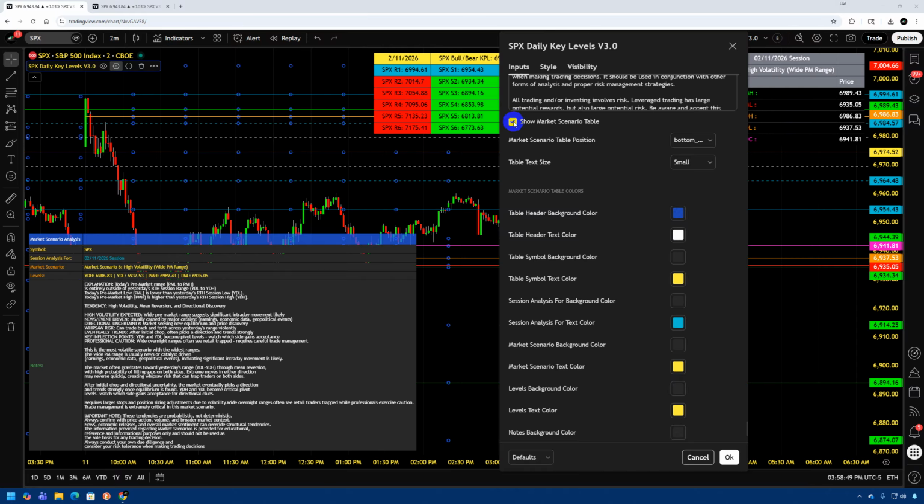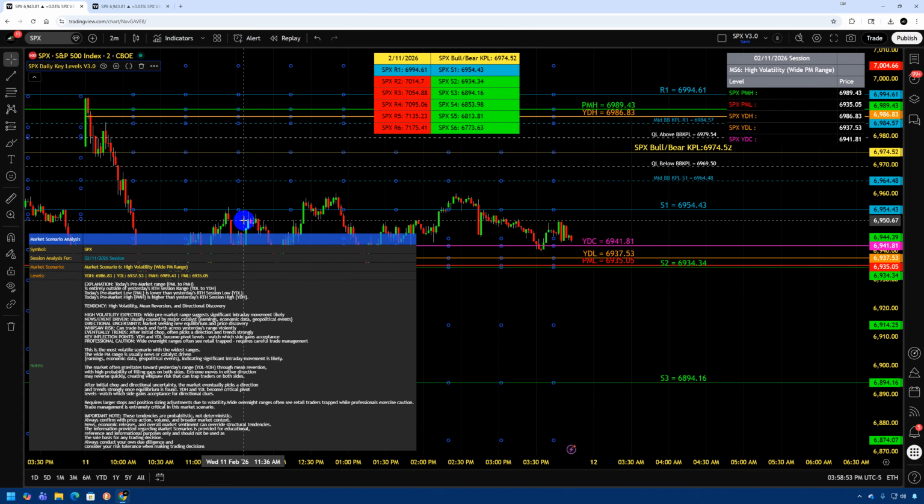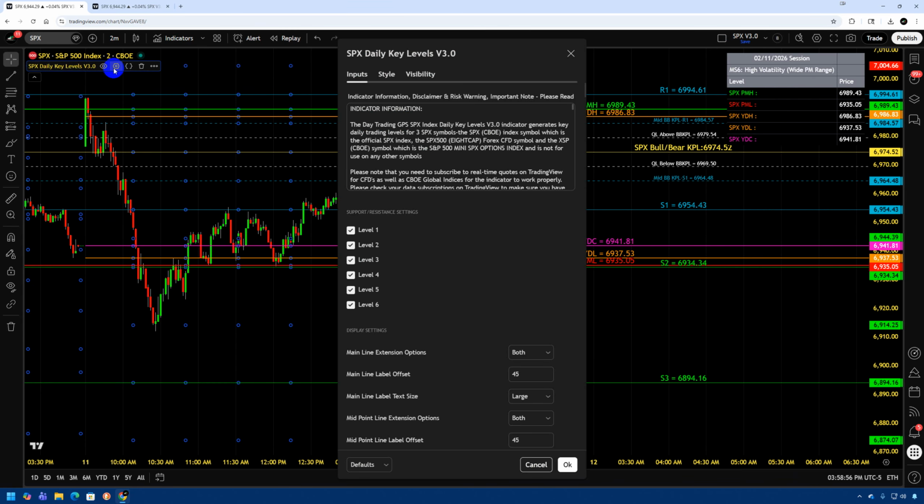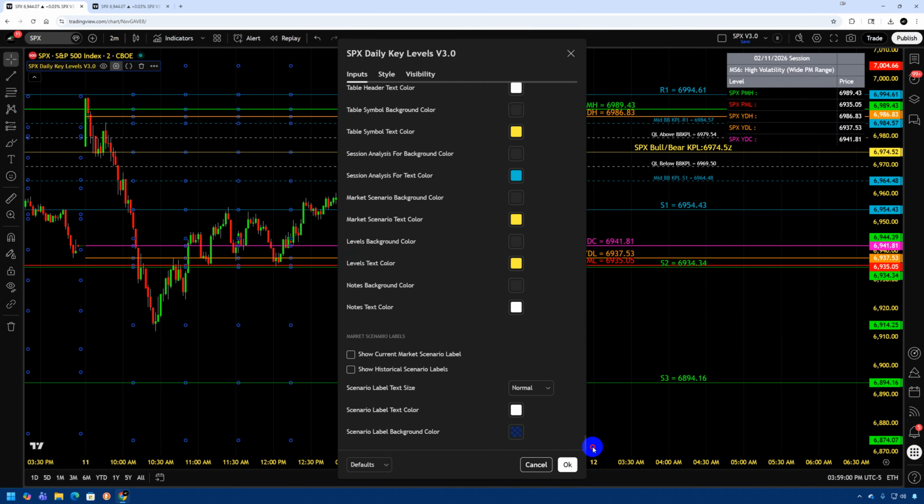Now we're going to show the other methods that you have for showing the market scenarios. You also can show the market scenario via a market scenario label.